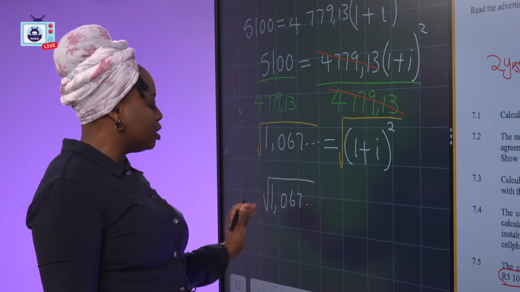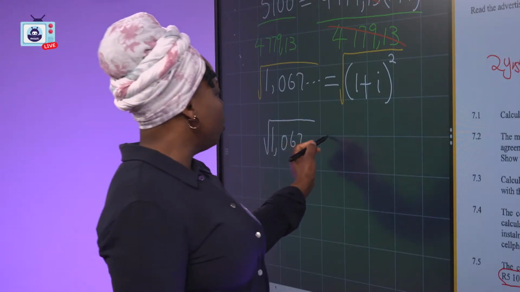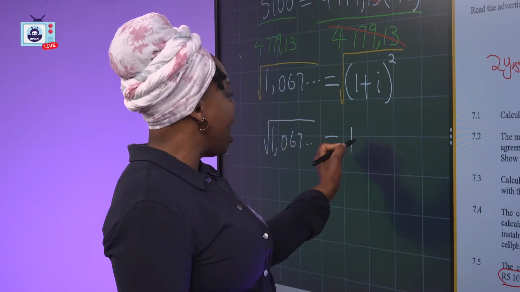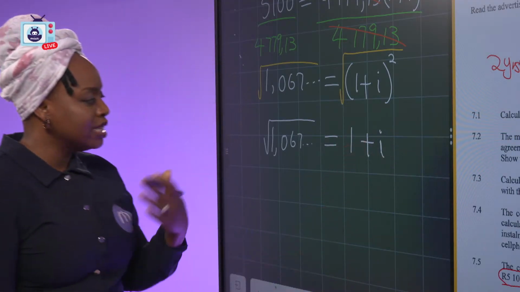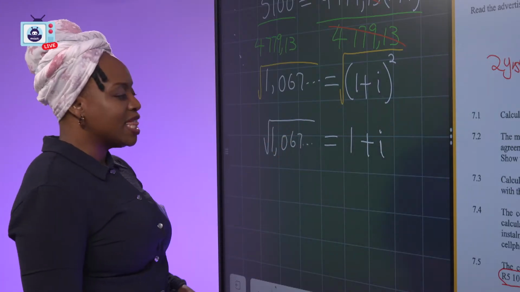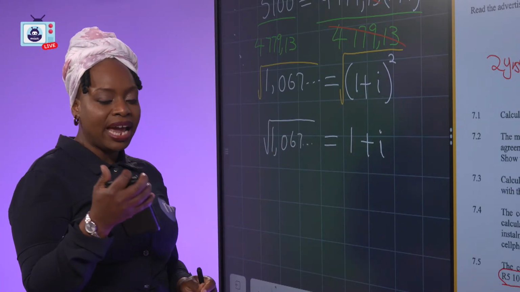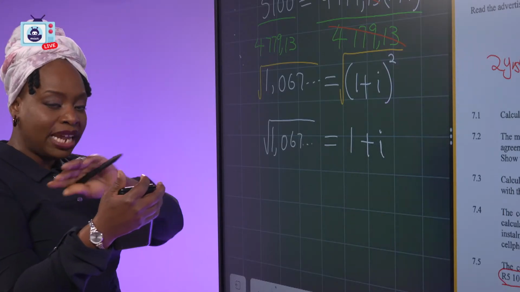So I will leave it like this with 1, square root of 1,067. Remember, that's not the final value. Then I will just leave it like that. But on my right side, I'll then have 1 plus I. What happened is the square root has removed the square. Now after here, without changing anything on my calculator, I will just go and say, remember that was the answer, so I'm going to leave it like that.